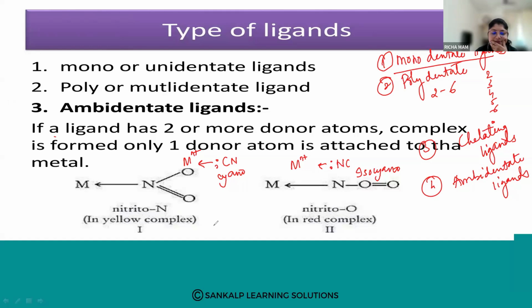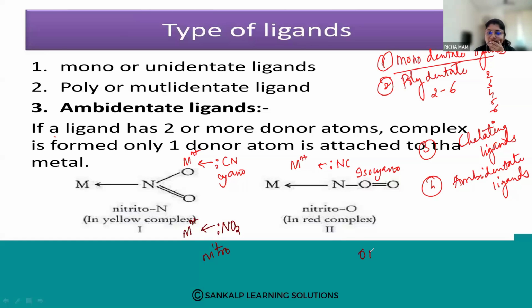Now one more example is the nitro group, NO2. When the nitrogen atom gets linked to the central metal atom, it forms the nitro group.